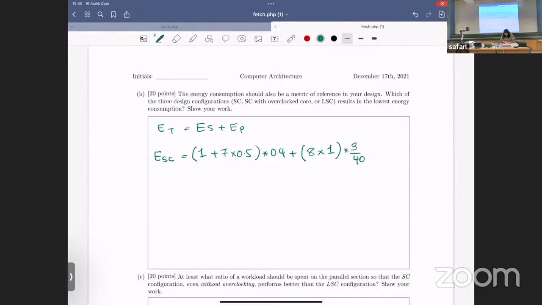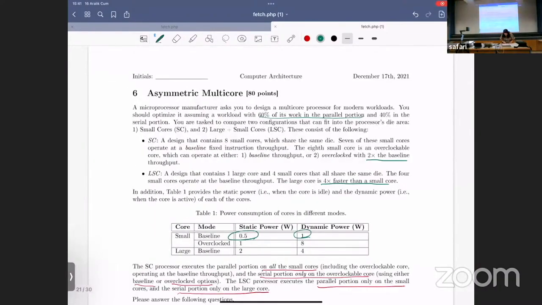Okay, let me quickly go through the SC overclockable scenario. The overclockable one makes the serial part faster, right? Because it's twice as fast. Let's go one by one. Again, we have these cores idle, and the power is 8.